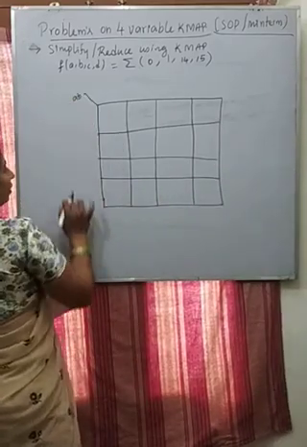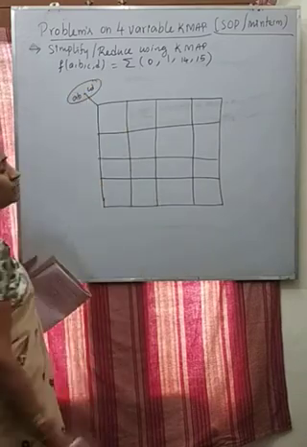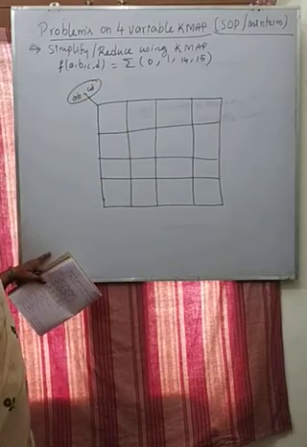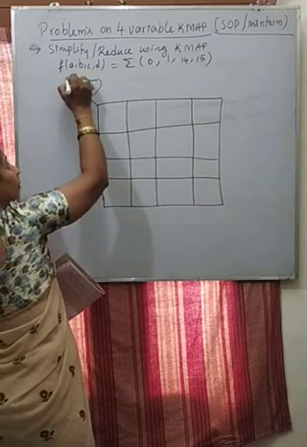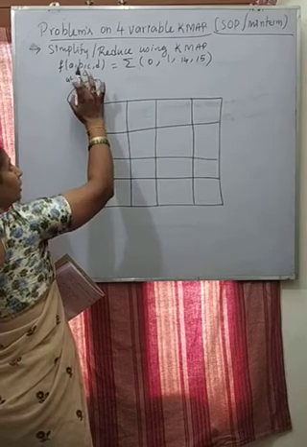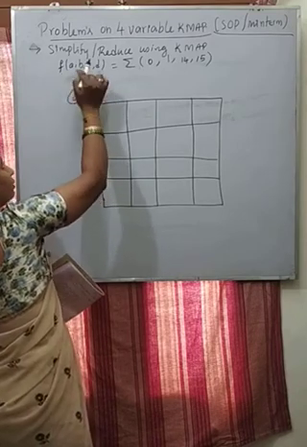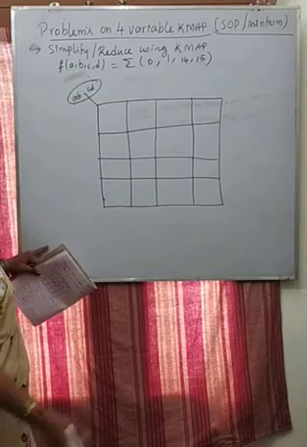A, B for row wise, C, D for column wise. You should not interchange. Suppose if they have given any order, then you can use it. If they have given A, C, B, D, then AC is for this side, BD is for this side. According to the order, the first 2 are for rows, the second 2 are for columns.